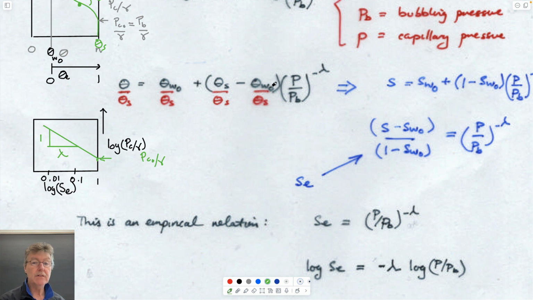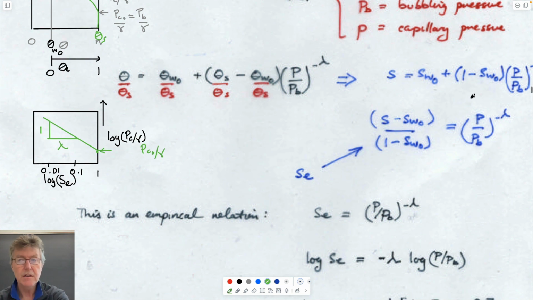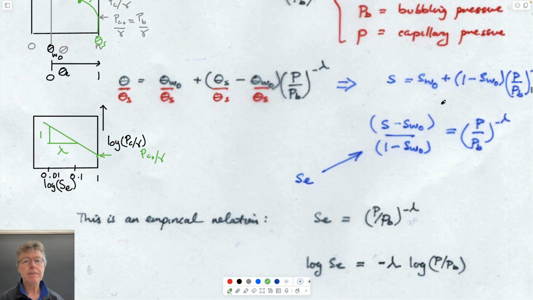And this is the irreducible saturation due to water. So this is just written out in this term here. Some of it's gone off the page. And so we could substitute this off both sides, divide both sides through by this, and we end up with the effective saturation that we said, which we've called S subscript E.